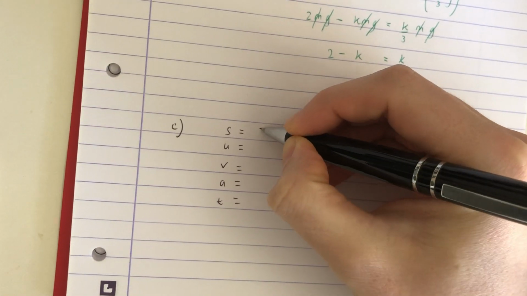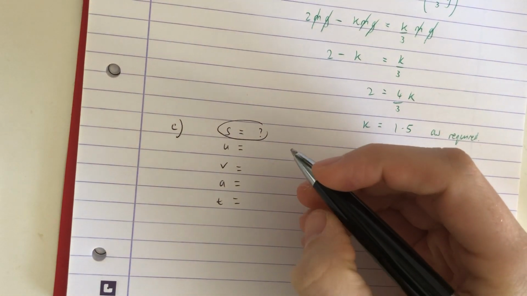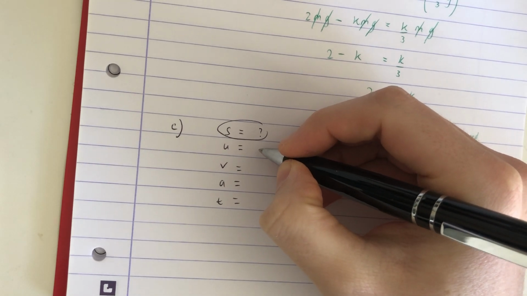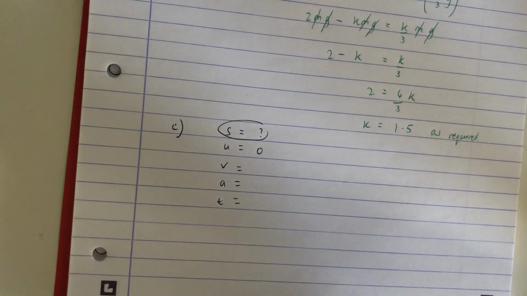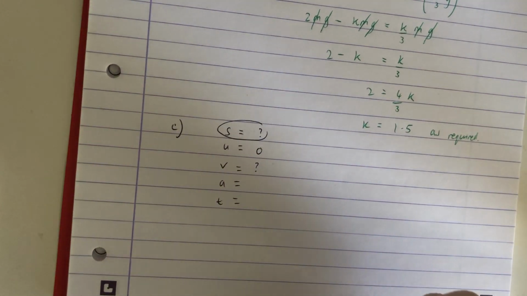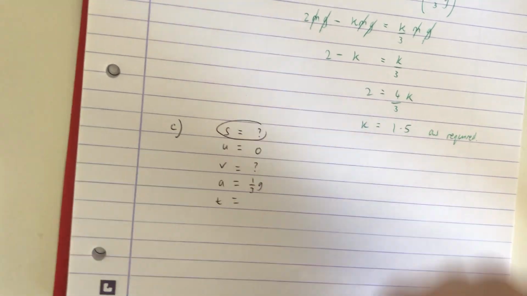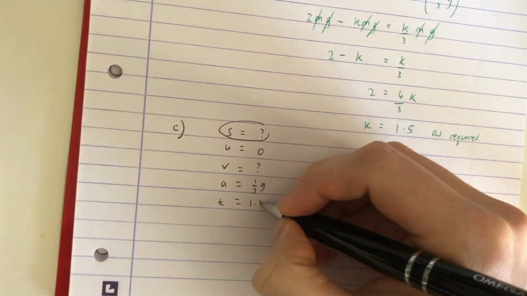S is the thing you want to work out. U is the thing that you told us, the system's at rest, released from rest. Velocity is unknown. Acceleration they gave to you is a third g. And the time taken for it to hit the ground is 1.8.